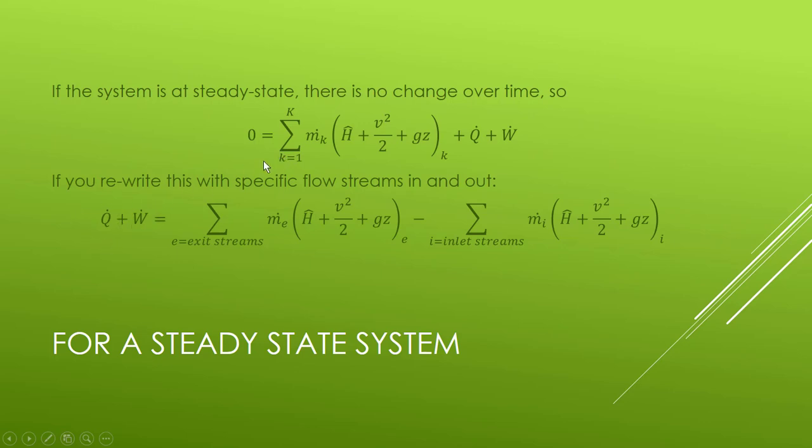And if we do this, the signs end up taking care of themselves as Q plus W equals the sum of all of the exiting energy minus the sum of all of the inlet energy. And again, because it was flow, it has this U plus PV, which combines as H.